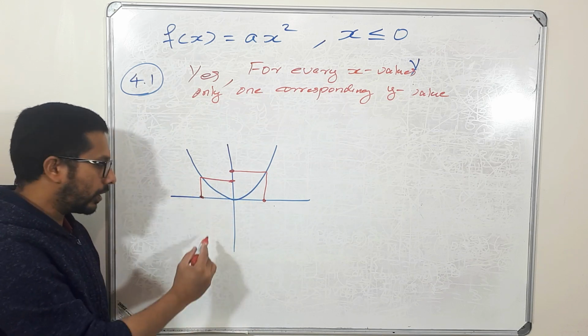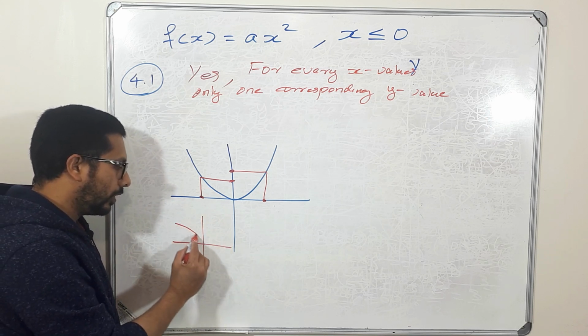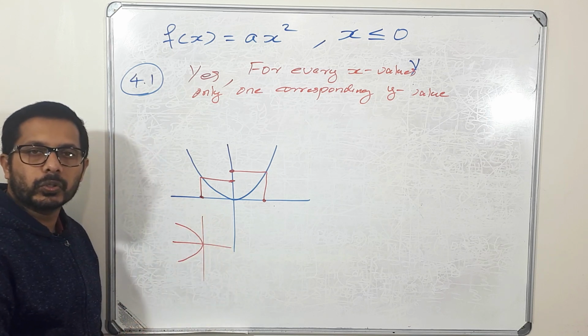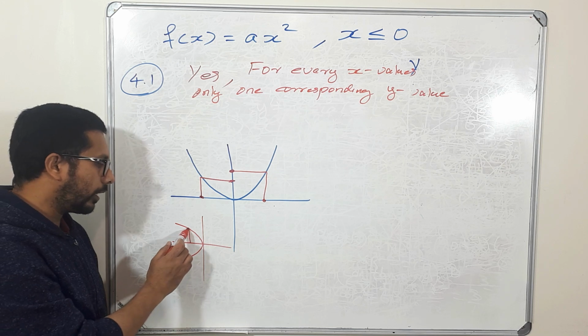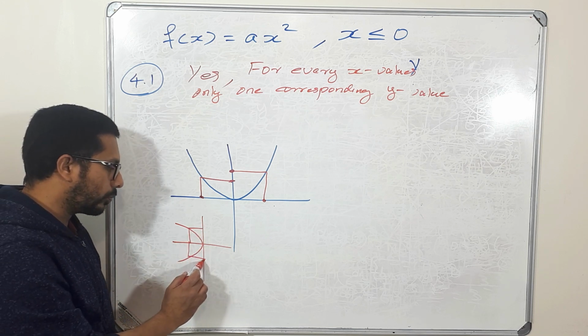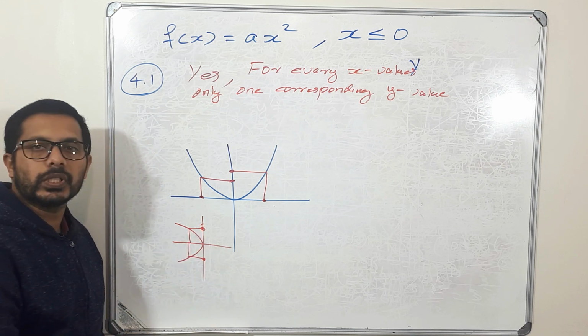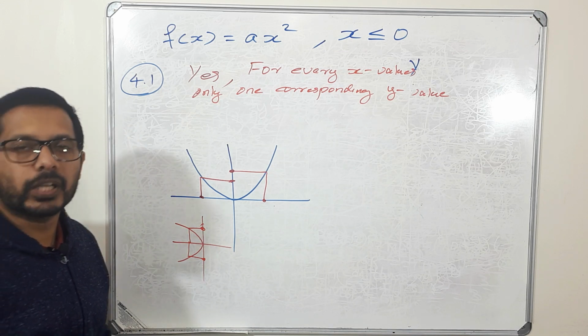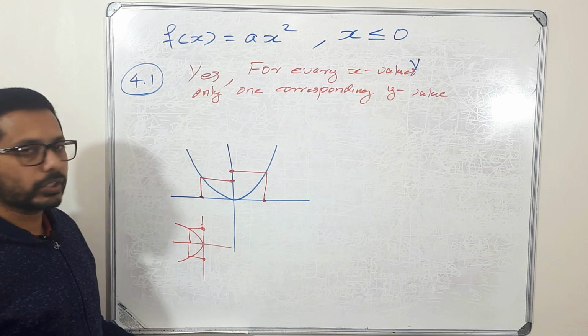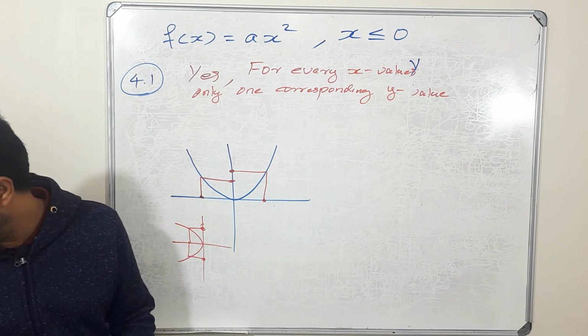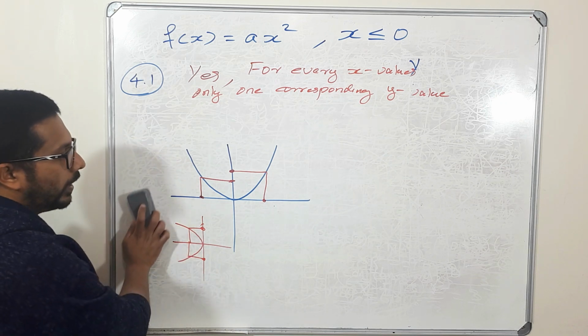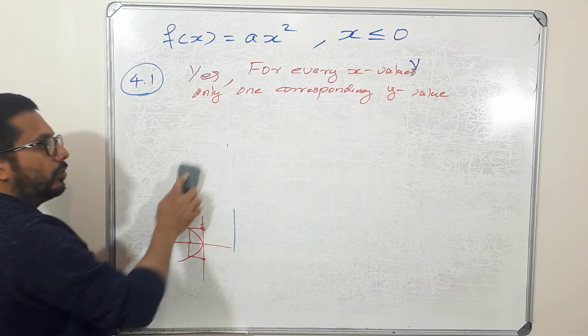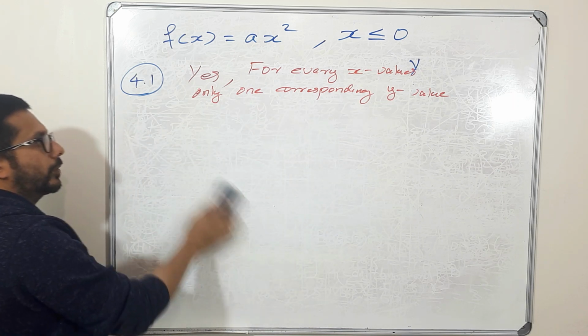So this one is a function, but this one is not a function, because for one x value there are two corresponding y values. I hope it's clear now what the definition of a function is. If for one x value there are two y values, then it is not a function.